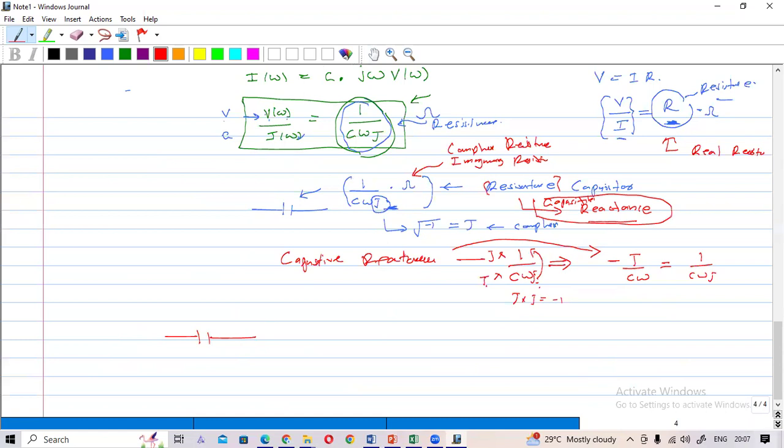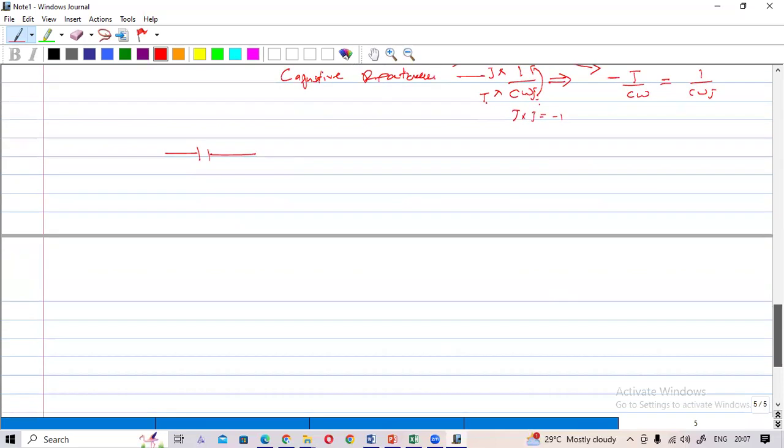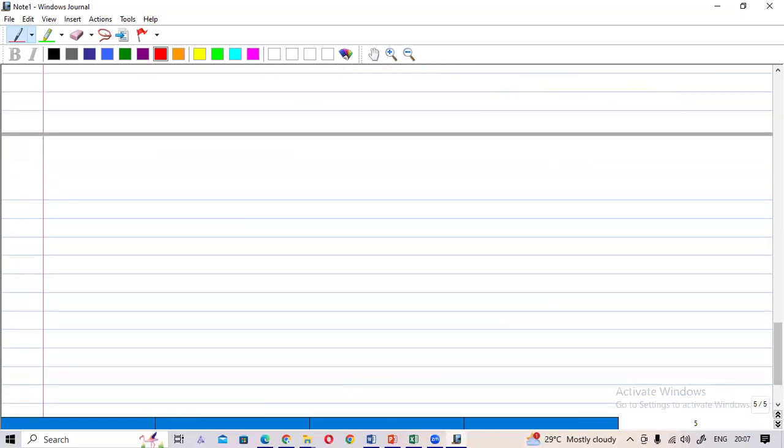If you consider the capacitor, you know that this is the voltage curve of the capacitor, V. This is called the steady state.